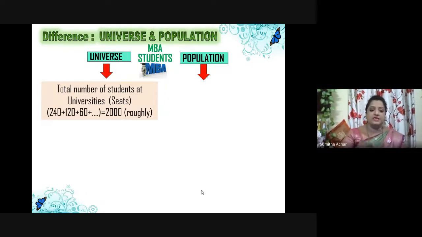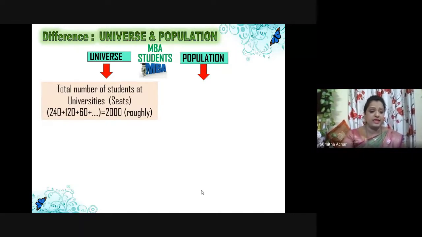If I consider the total number of MBA students graduating per year, then roughly, if I take 240 plus 120 plus 60 plus 60 plus 120 and so on, let's say 2000. This is the universe. Did you understand this? Now, can I consider universe and population as the same?